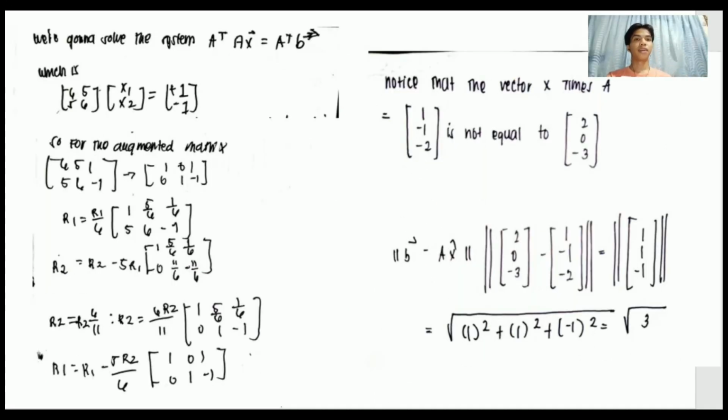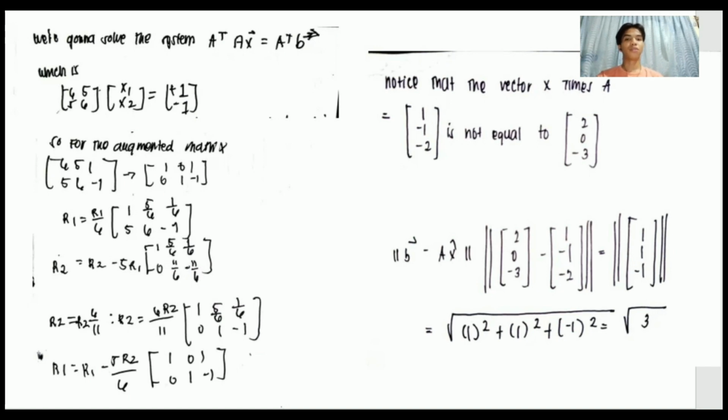Since we've already got A transpose times A as well as A transpose times B, we're going to be solving the system A transpose A x equals A transpose b. As you can see here, we have our data, which is 6 5 5 6, as well as the positive 1 and negative 1.